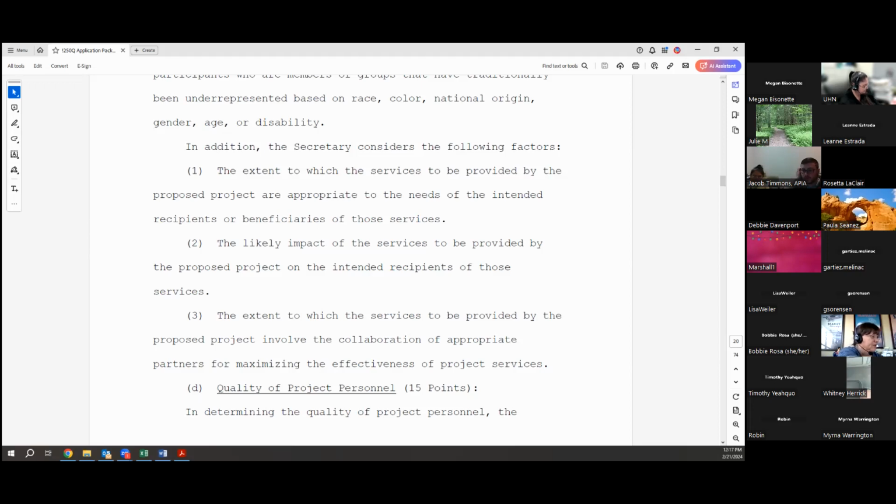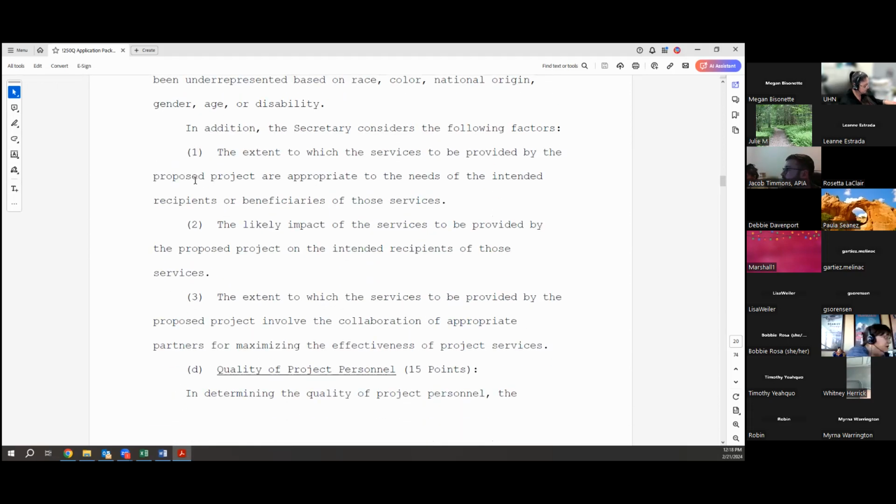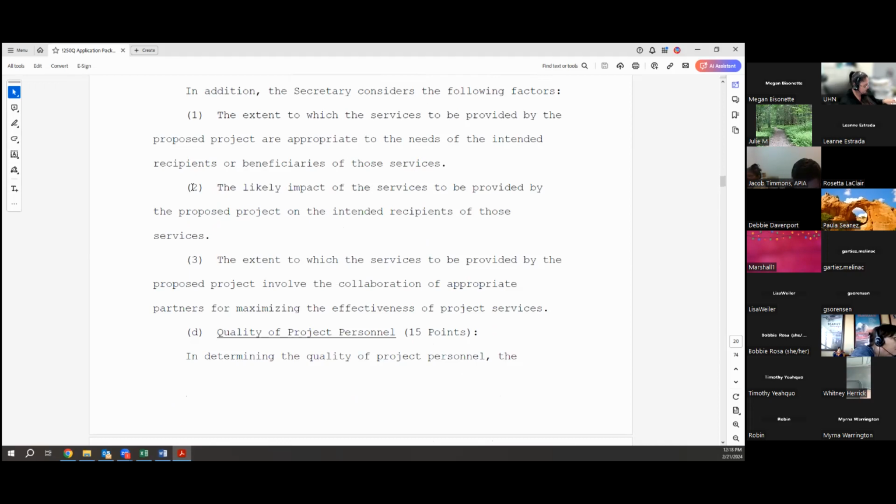Now, question number 1 is actually what used to be 2A 5 years ago. And then 2B 5 years ago is now number 2. And 2C 5 years ago is number 3.